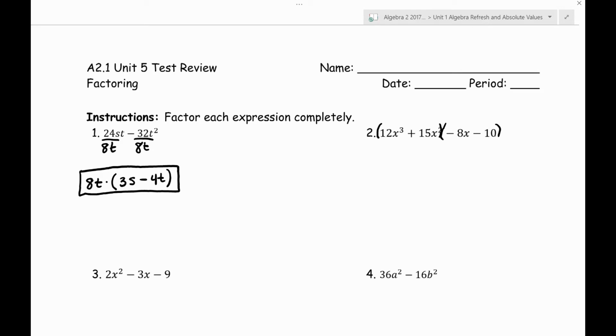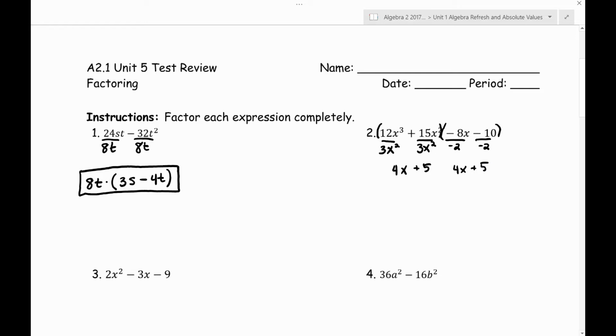So what I can take out of 12x cubed and 15x squared is going to be 3x squared, resulting me with 4x plus 5. So that means that when I take out a GCD here, I have to get a 4x plus 5 as well. So let's take out a negative 2. This way I get this to become positive, and that gives me 4x plus 5.